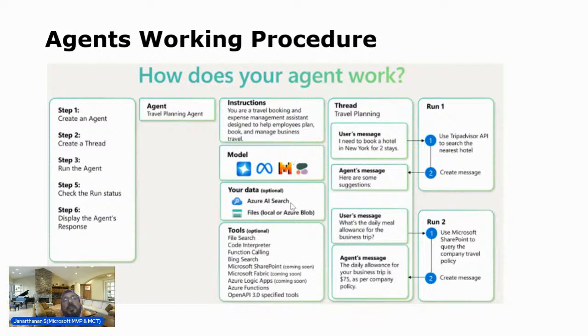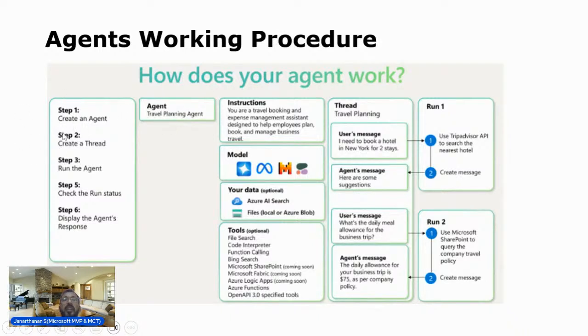The third important step is to provide either the knowledge tools or the action tools, depending upon the use case. In our case, we are going to use the knowledge tools, where I'll be uploading a file document and we are going to query those documents in our agent playground. Once these steps are completed, you can try this in your agent playground.